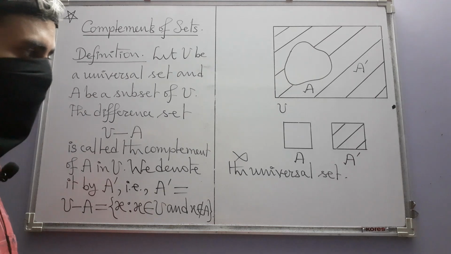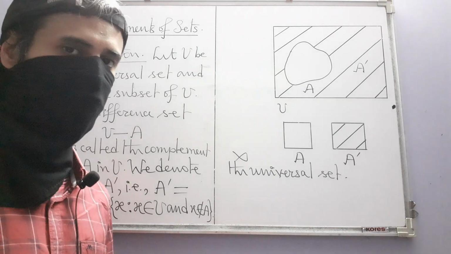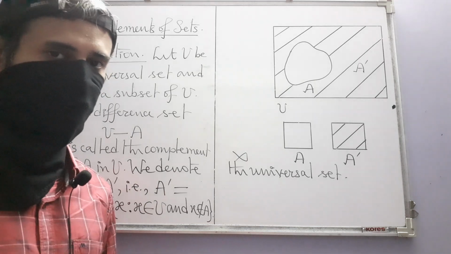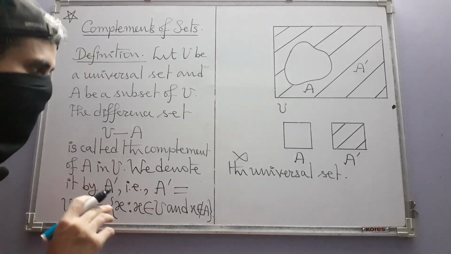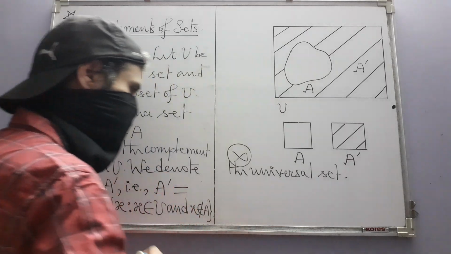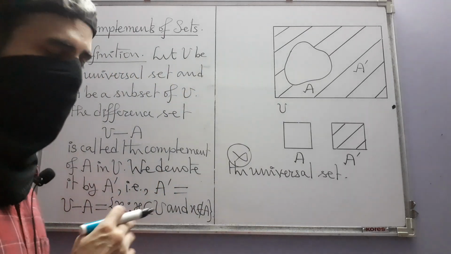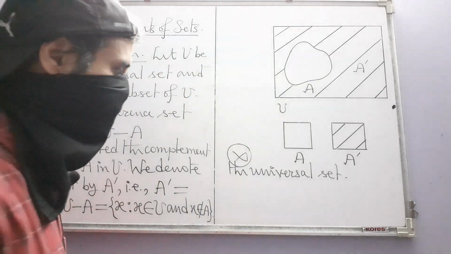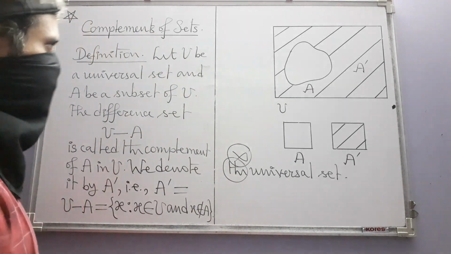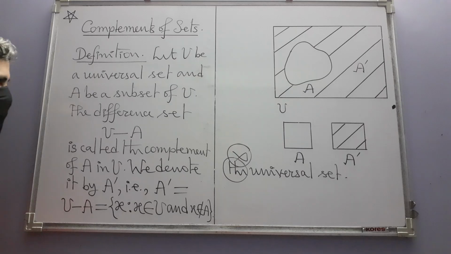Such a set is impossible to exist because of reasons that I cannot discuss right now. We don't need that also. Just take it for granted for now that there is no unique largest set that can be taken as the universal set. That's why we do not use the definite article the. We use the indefinite article a.